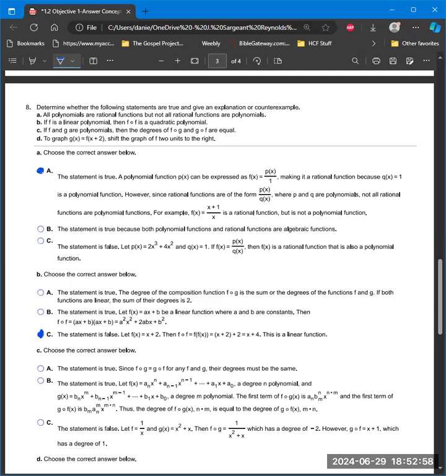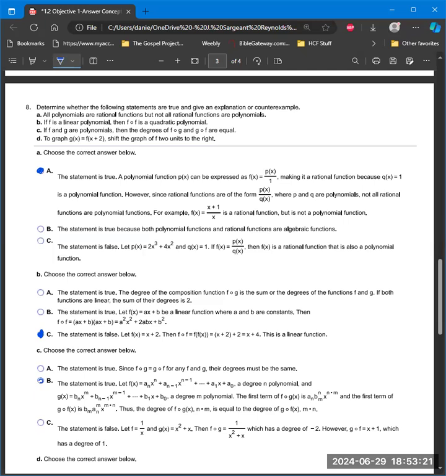Because multiplication is commutative, they're going to have the same degree. They'll have different coefficients, but the same degree, because the degree of f of g of x is n times m, and that's equal to the degree of g of f, which is m times n.